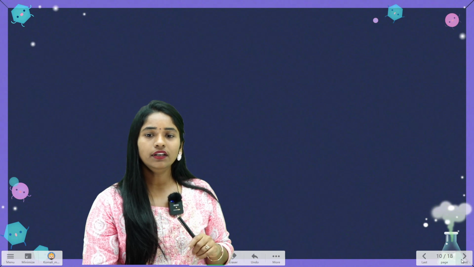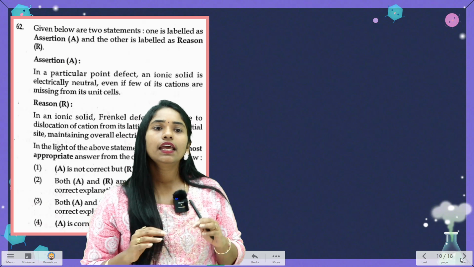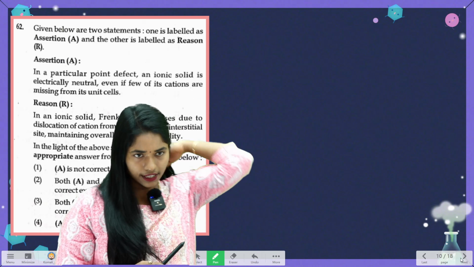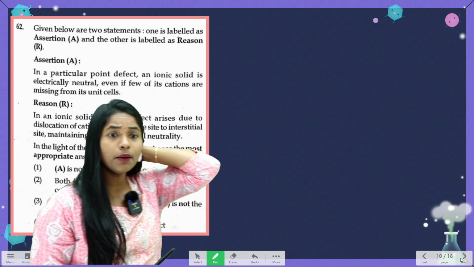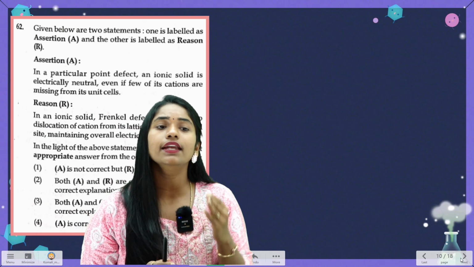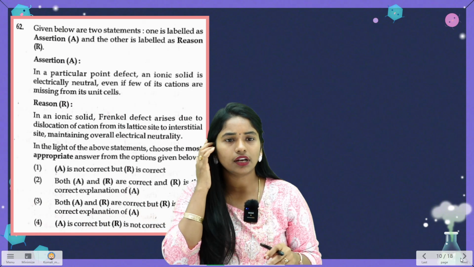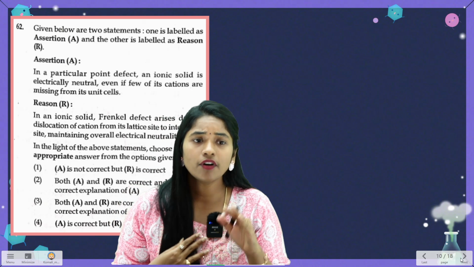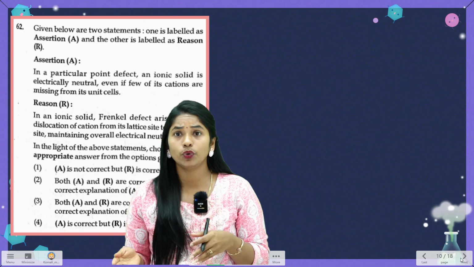See the next one. Given below are two statements, assertion and reason. Check it out. In a particular point defect, an ionic solid is electrically neutral, okay, it is electrically neutral, even if a few of its cations are missing from its unit lattice.